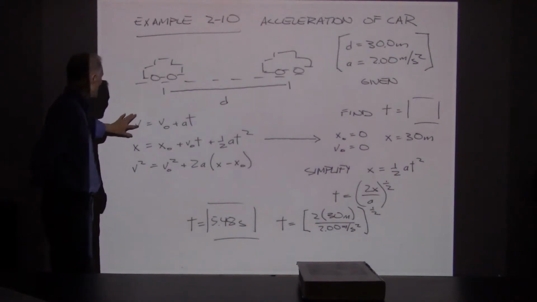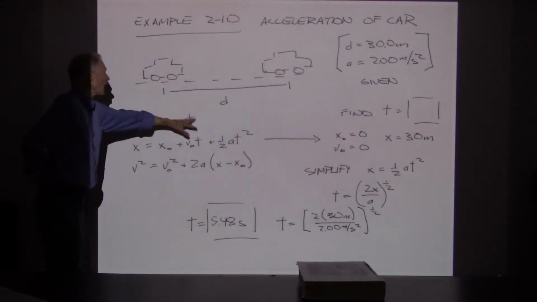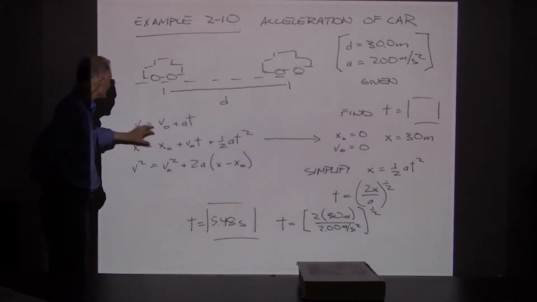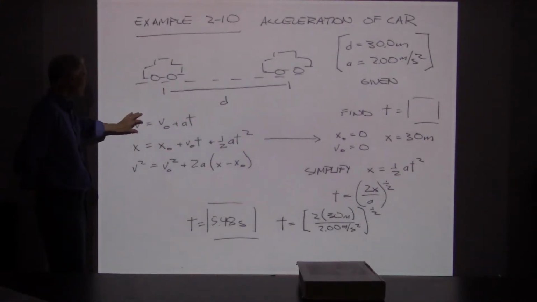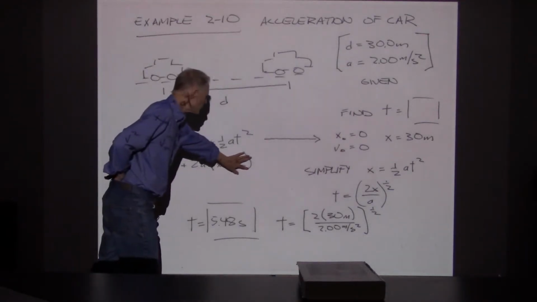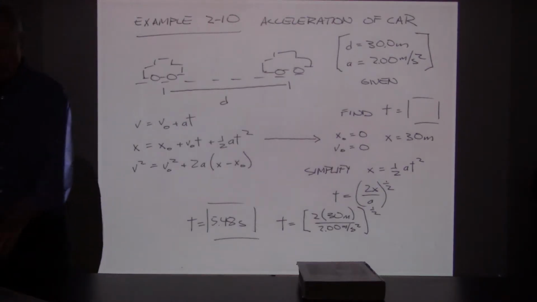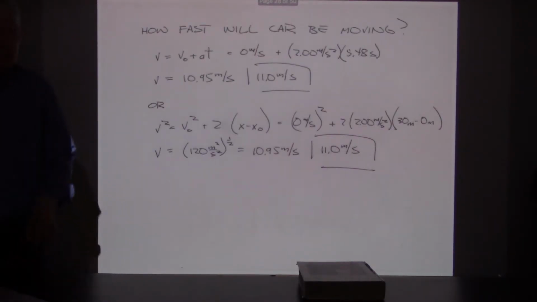So I'm coming up to here and saying, now that I've solved for time, I could solve this and find out how fast I'm going to be going. Now remember, the v naught's just 0. And then this equation, how could we use this? Well, that one also we could use to calculate how fast we're going. Maybe we can do both and see how the answers compare.